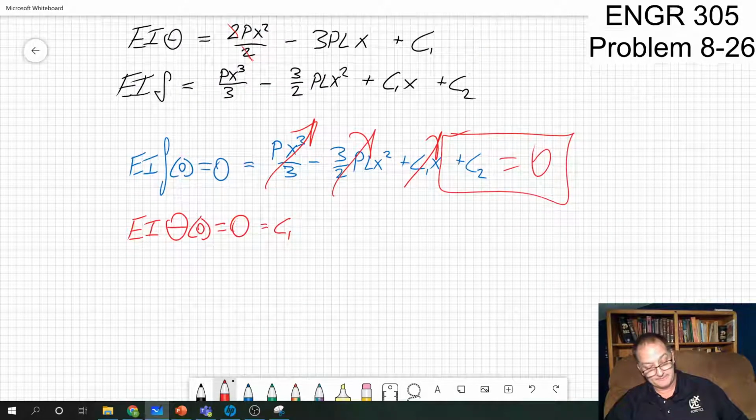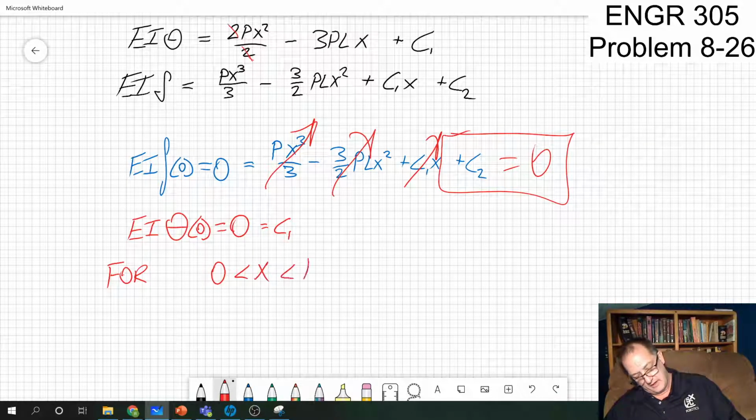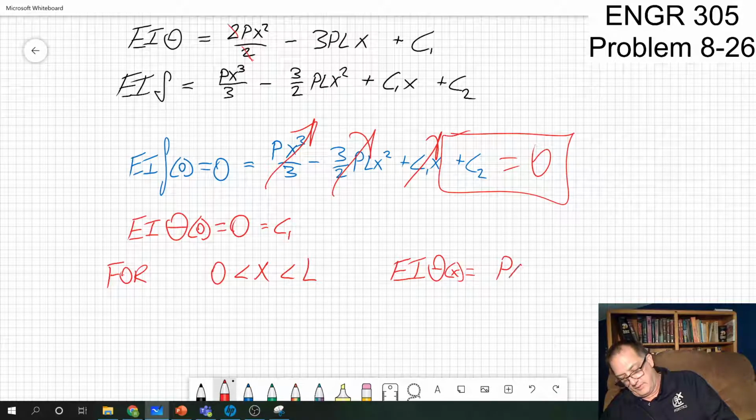So we have the equations, for x between 0 and L, EI theta of x is equal to Px squared minus 3PLx.